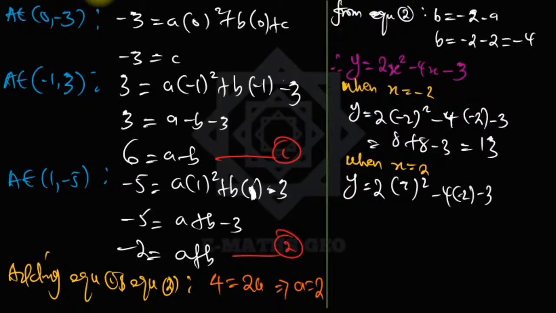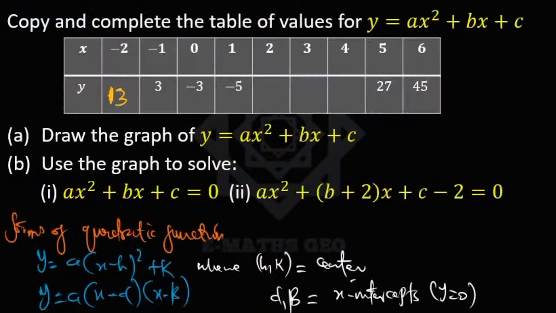So this is the same 8, minus 8, minus 3, so we get -3. So when x is 2, y is -3. We substitute again: it is -3.